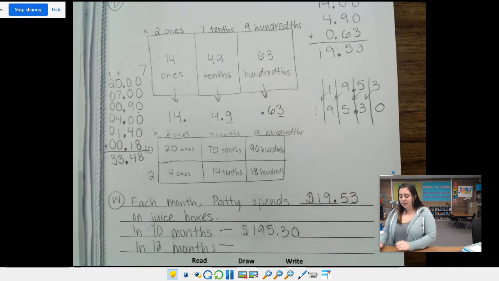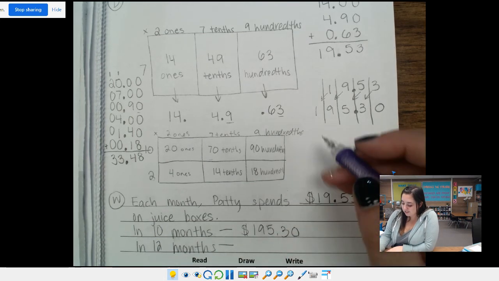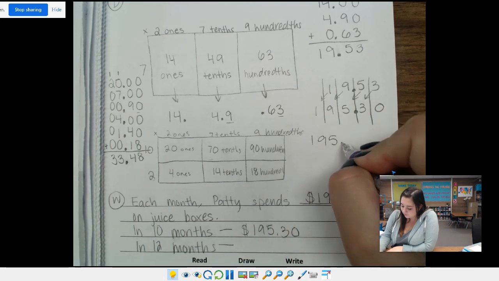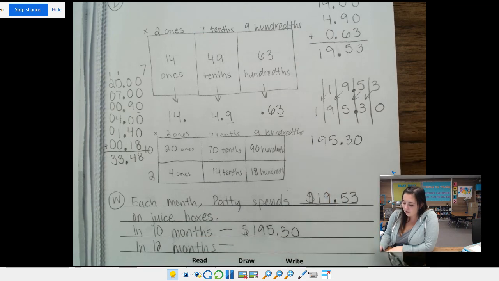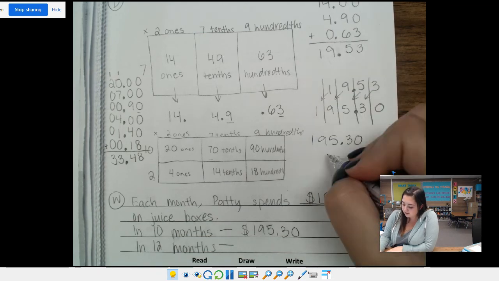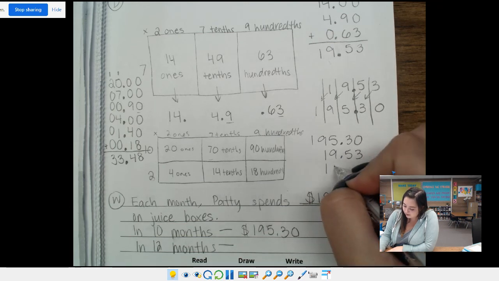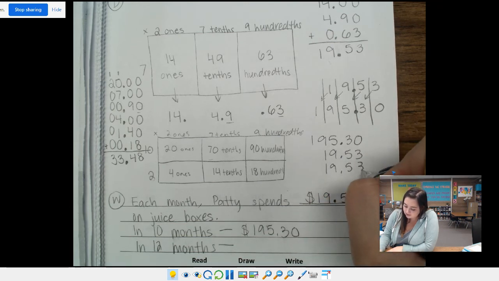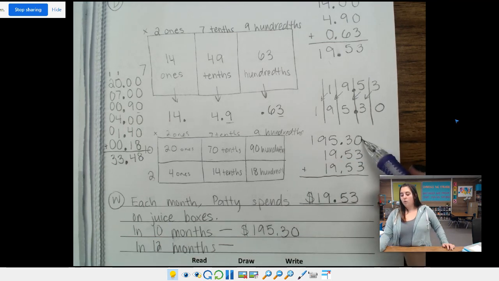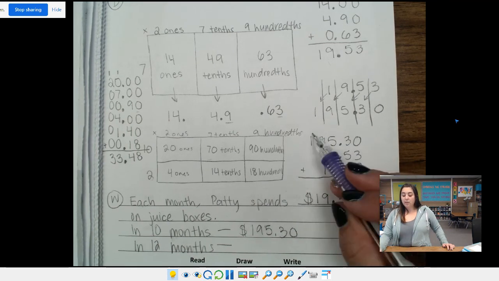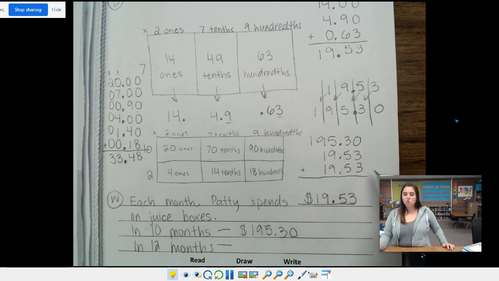Okay, plan B. Here's what it was for 10 months. I'm going to take that. I'm going to add $19.53, and I'm going to add $19.53 again. Because that would be 10 months, 11 months, 12 months.